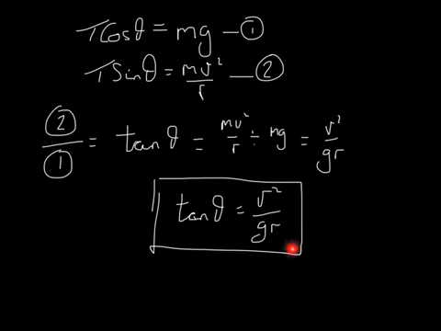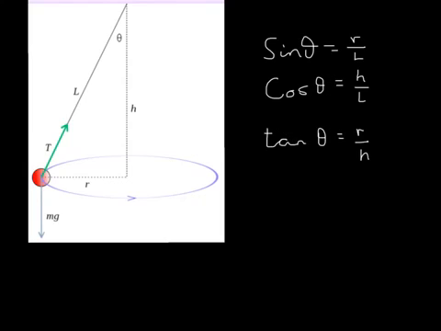And this result is a fairly common thing that you would be asked to find in cases where you're dealing with a conical pendulum. And the other thing to remember here is that the sine theta, cos theta and tan theta will relate to the properties of the triangle that the system makes. So the height will have a relationship with r, and there'll be a relationship between the length of the cord and the other two.